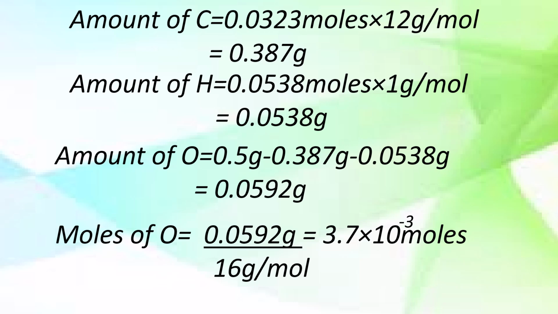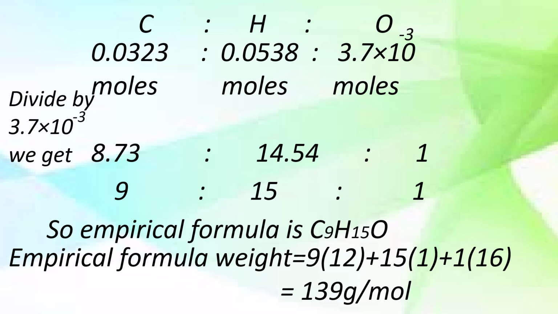Now we will apply the mole ratio. Carbon to hydrogen to oxygen. So we will write moles of carbon 0.0323 moles, moles of hydrogen 0.0538 moles, moles of oxygen 3.7 exponent minus 3 moles.